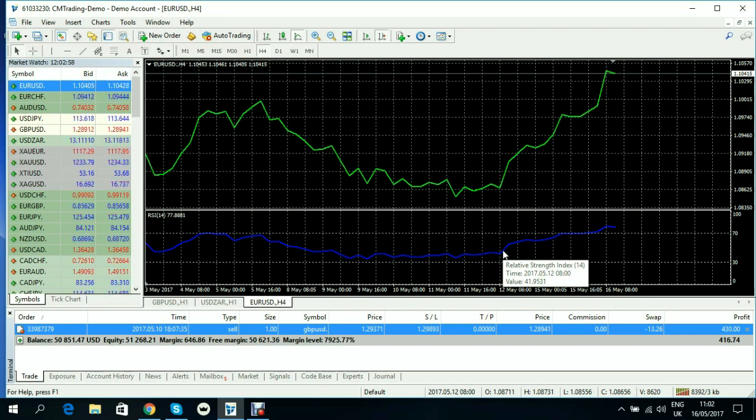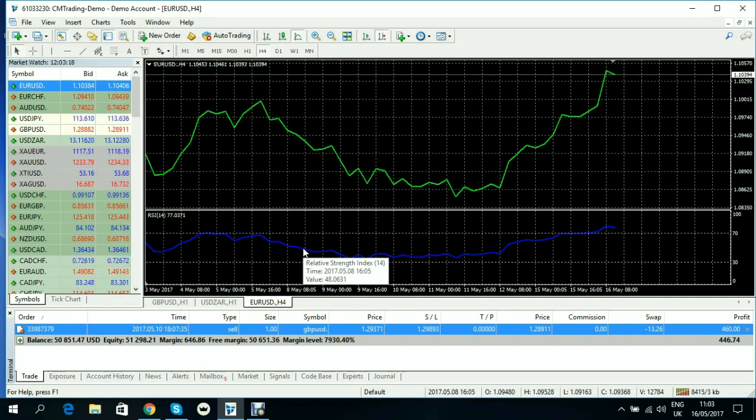What it means is that it will be selling more. Let's look at it somewhere here. For example, when the value goes below 50 and it's 48, you'll find out that it will continue to sell. So it confirms a sell continuation.